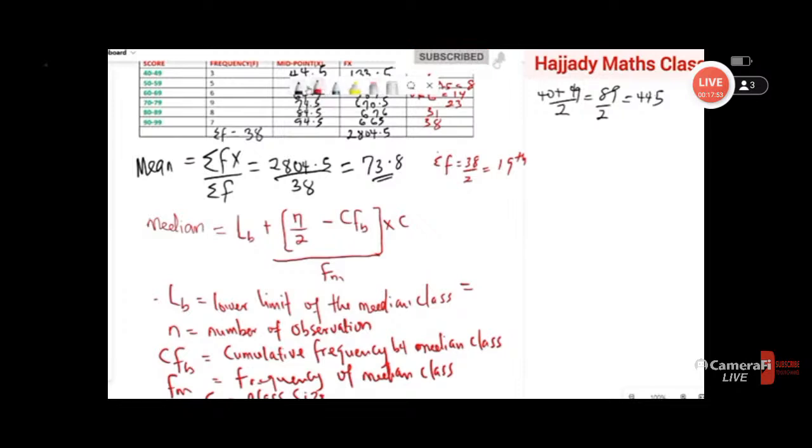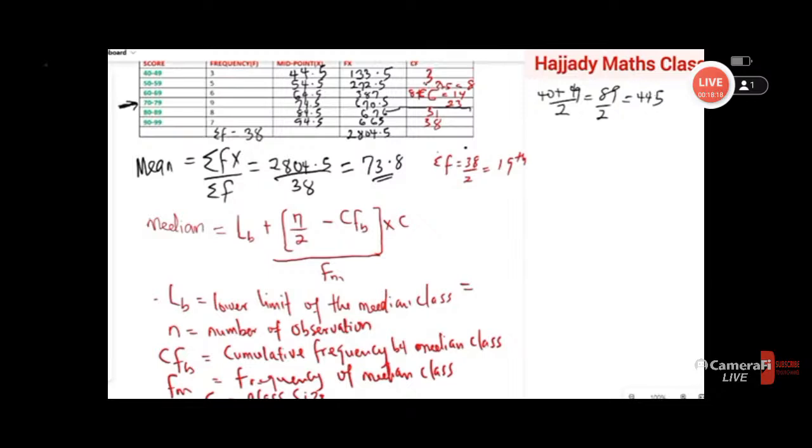Let me change the pen so we can see what we mean by the median class. Our median class is going to be this, straight down like this. So it's 70 to 79.